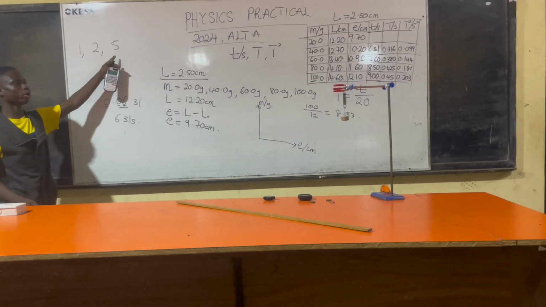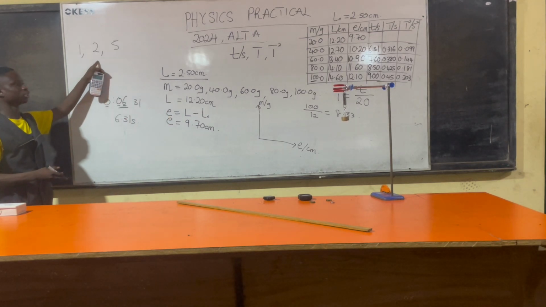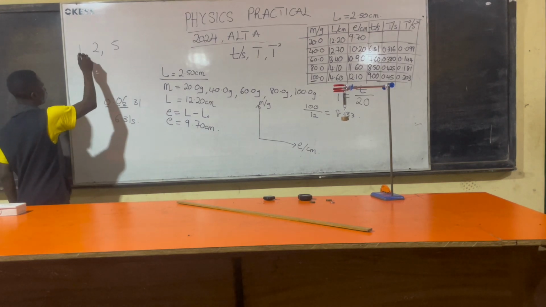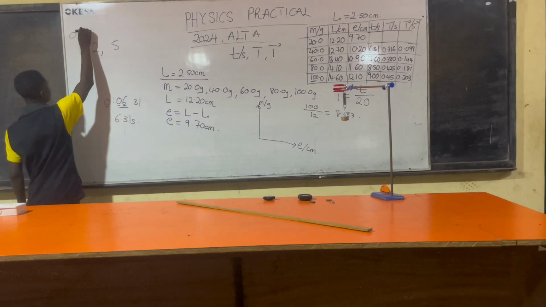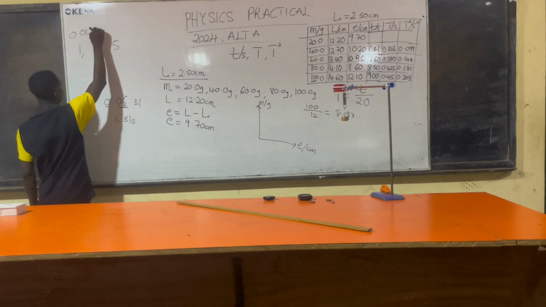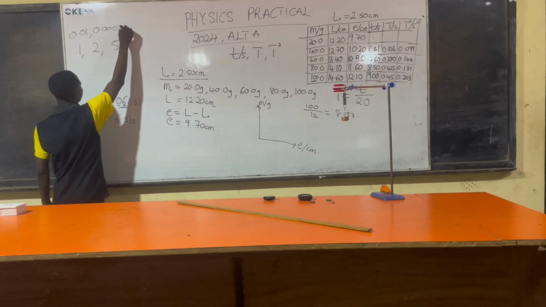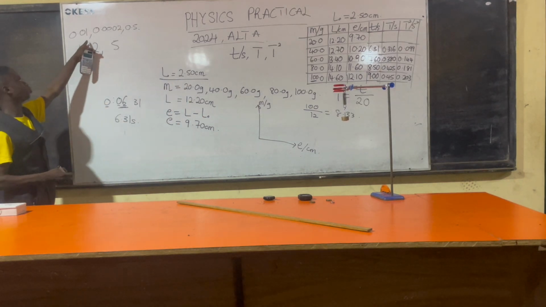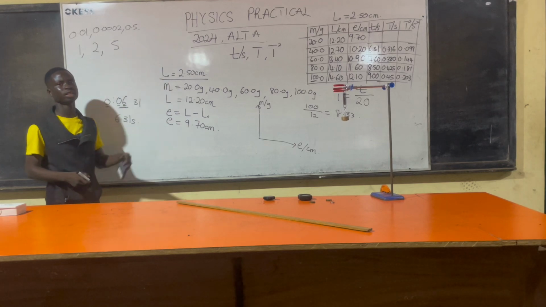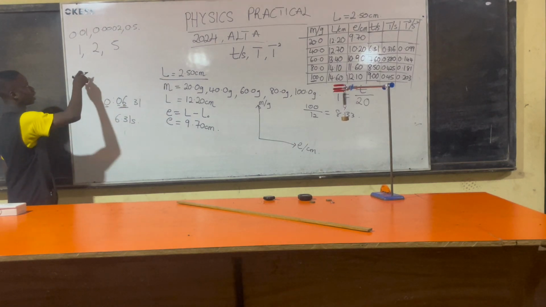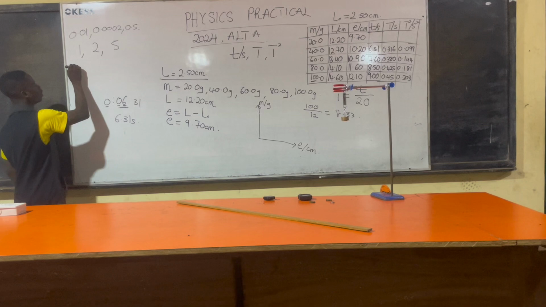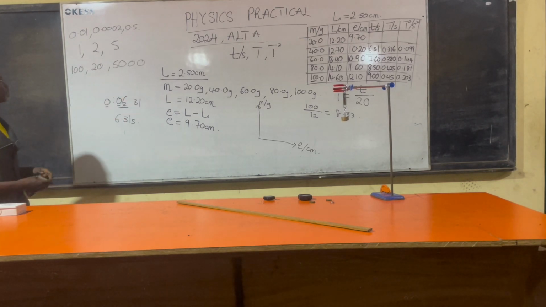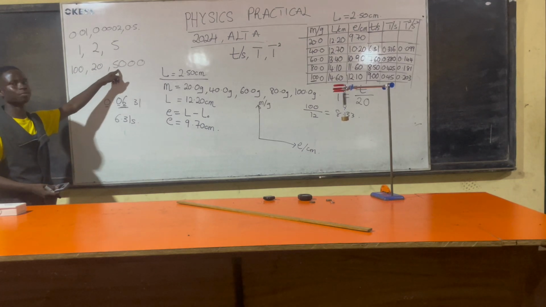You can have it in decimals like 0.001, 0.00002, or 0.5. All are accepted, since we have 1, 2, 5 in it. And we can have it in hundreds and thousands, like 100, or 20. All are accepted since we have 1, 2, and 5 in it.